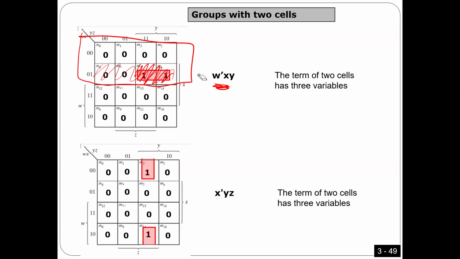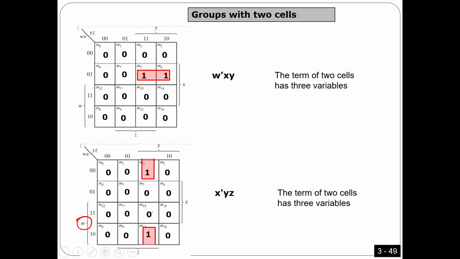Now let's see another example here. In this example, this one and this one are neighbors, so I can take them together. Don't forget the rule. They are neighbors, so I need three variables. I have to find three variables. Again, how can you find the three variables? Let's look one by one. W, is this group in W or W prime?